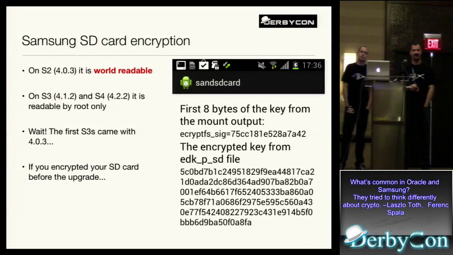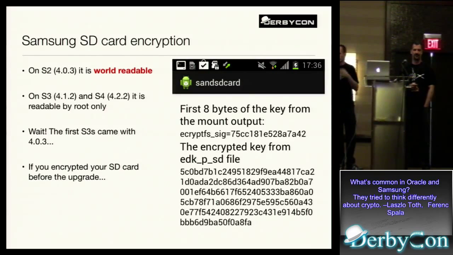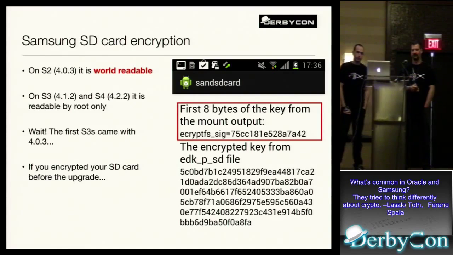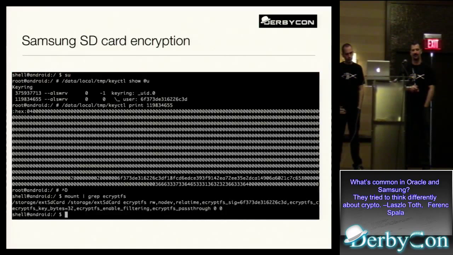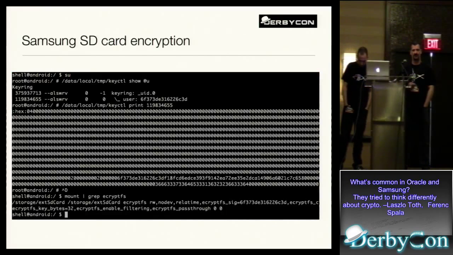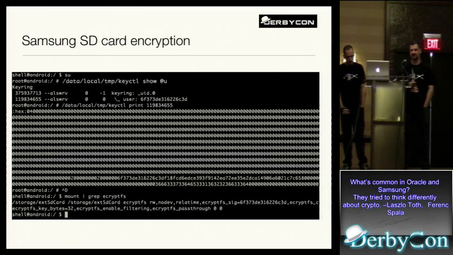On the right side, you can see a screenshot from a zero privilege app that shows the encrypted disk key from the file. And the first 8 bytes need more explanation. eCryptfs uses key rings, and you can manipulate the key rings with the keyctl command on Linux.